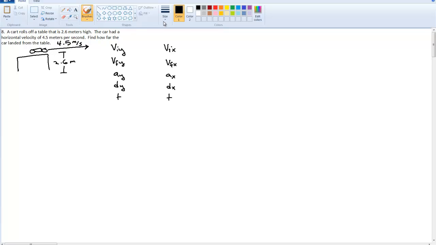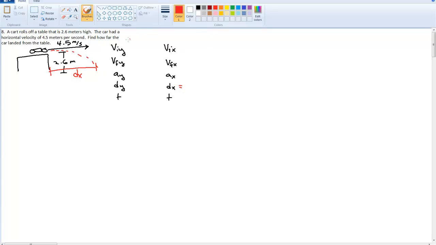We want to find where the car ended up. It's going to roll off the table, something like this, and it's going to wind up a certain distance from the table. That's its dx. So this is what we're looking for. But in most cases, in order to find this, you have to find time first.